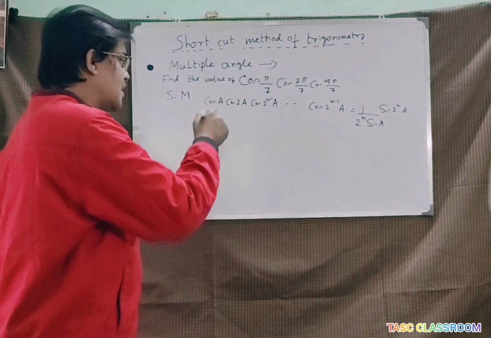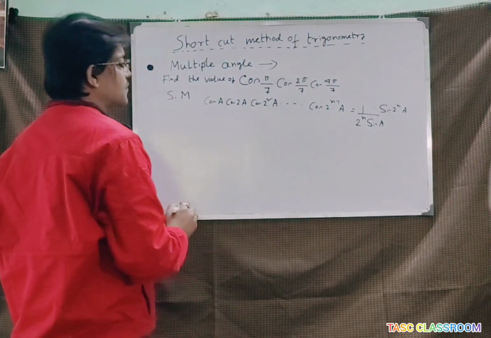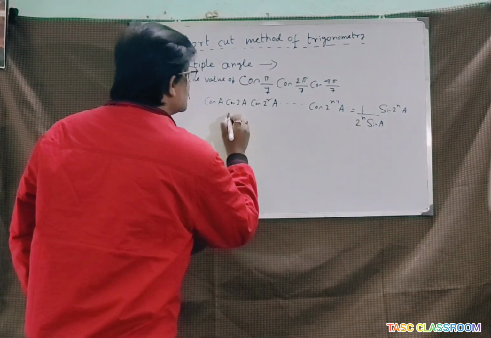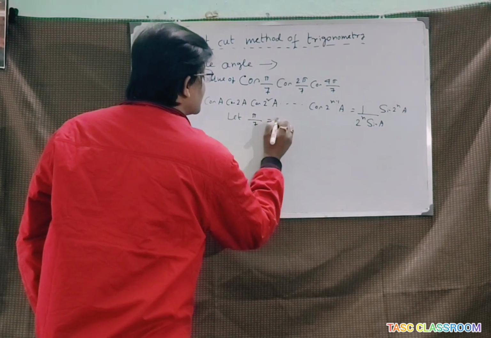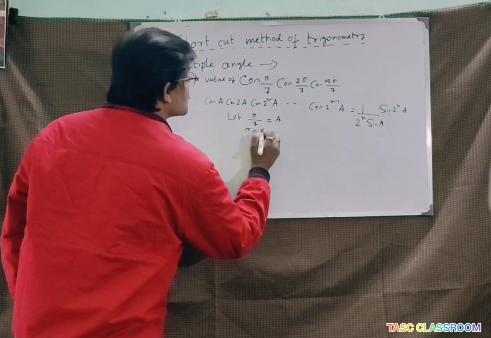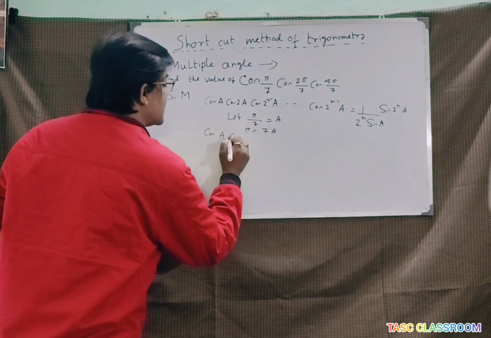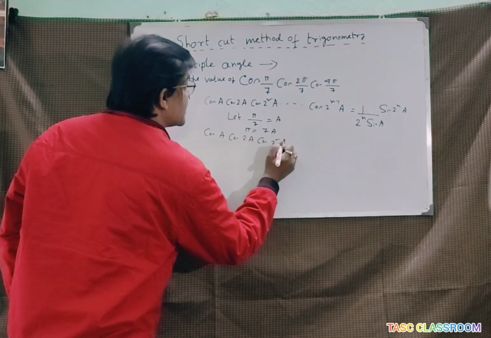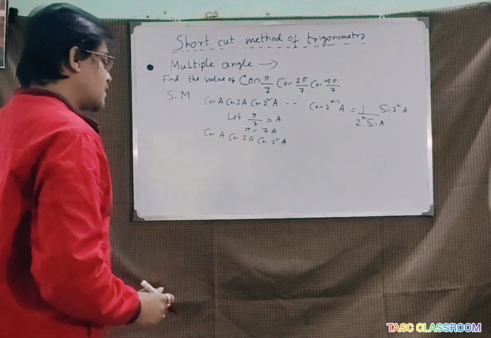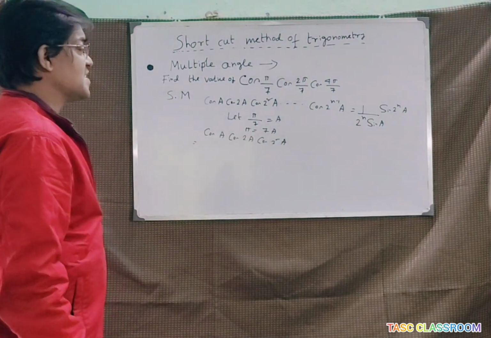Here we apply the shortcut method to the given problem. Here let pi by 7 equal A, then pi equals 7A. Putting this value, we have cos A, cos 2A, cos 2 square A, that is 4A. Here the number of elements is 3.